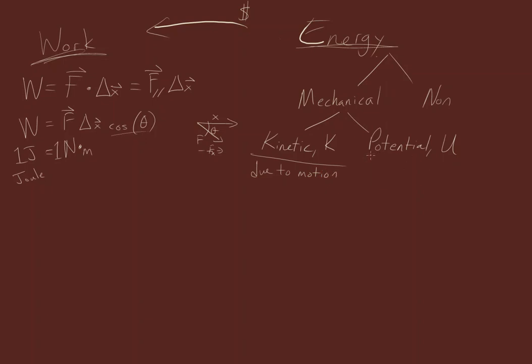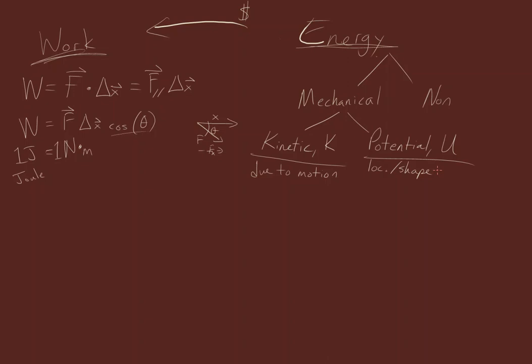Whereas potential energy is the energy an object has due to its location, its shape, essentially because it's existing in some way or shape or form, or it's interacting with other objects.